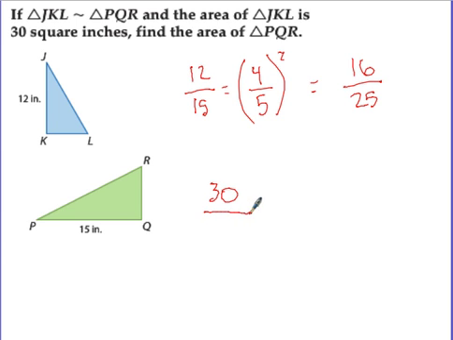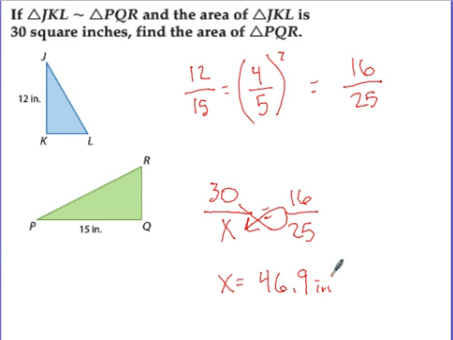So 30 needs to go on top, which means put an X here, and 16 over 25 goes here. And now you just have to solve the proportion. 30 times 25 divided by 16 is 46.9.